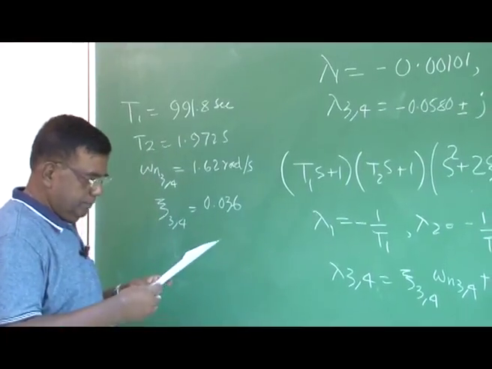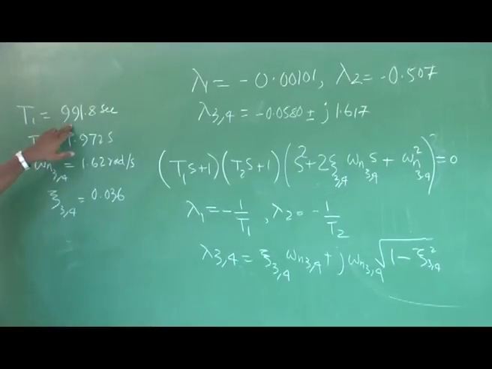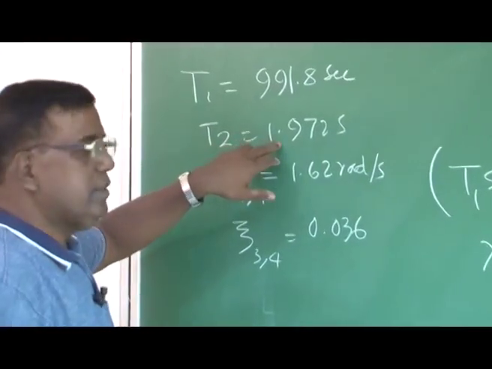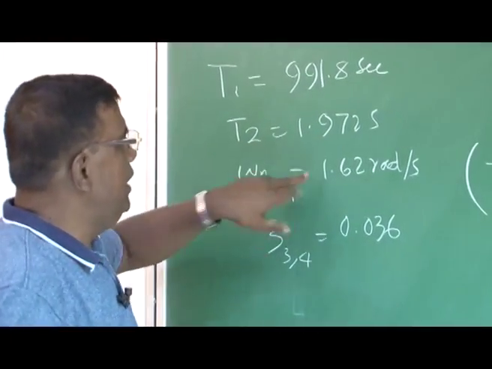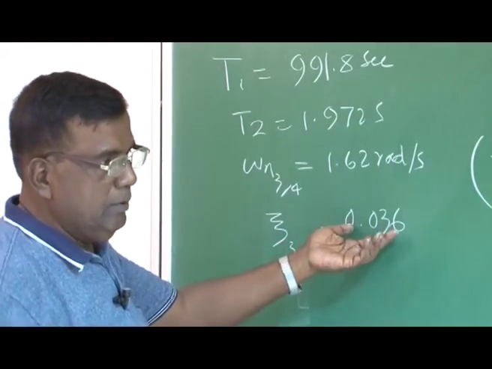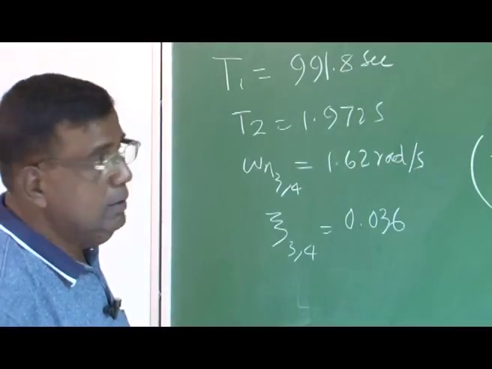That confirms our point that this is slowly convergent, taking so much time. This is fast convergent, and this has a natural frequency and a low damping ratio. So it is not highly damped, it is slowly damped, which is the Dutch roll mode.